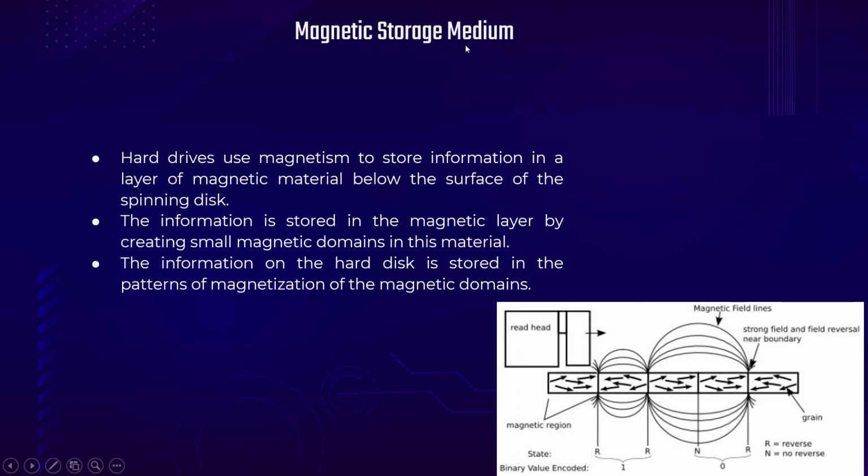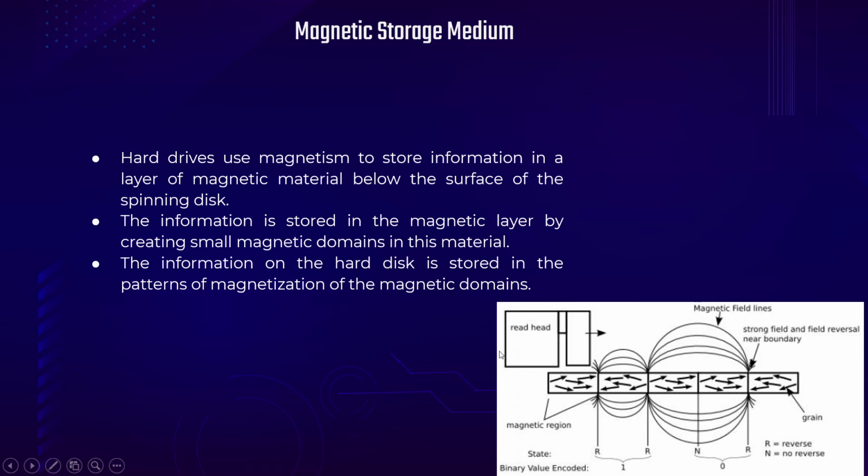So, till now we know that hard drives use magnetism to store information in a layer of magnetic material. Now here we can see that two continuous R represent 1, and we all know that in computers information is stored in the form of 1s and 0s. Here we can also see that 1N and 1R represent 0.